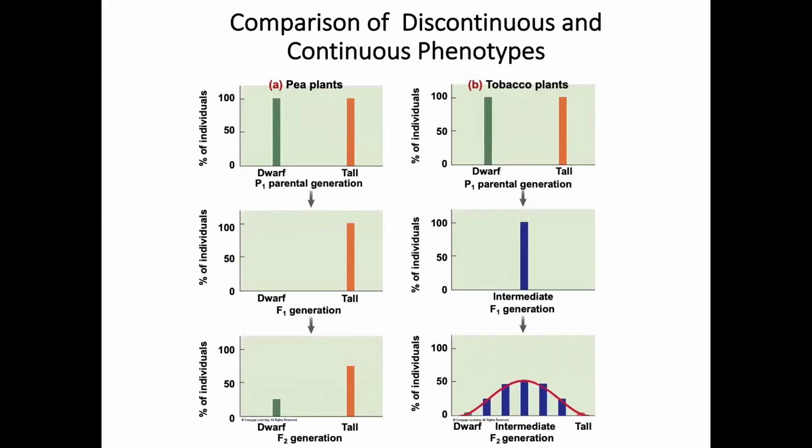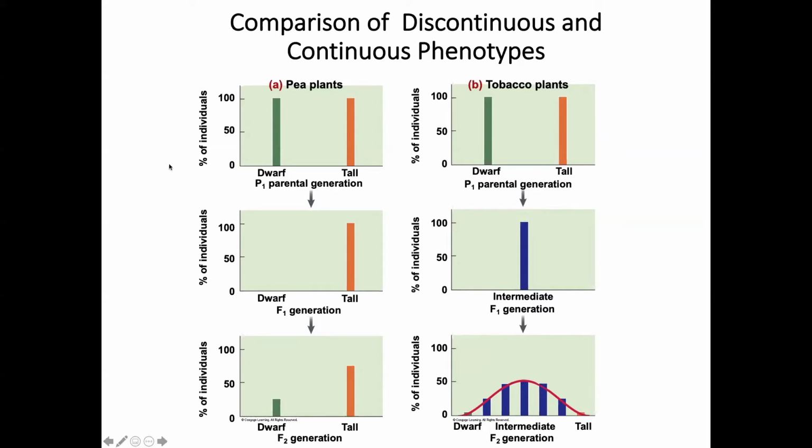This is a graph comparison of a trait such as height that shows discontinuous and continuous phenotypes in different plants. Shown in A, the histograms show the percentage of plants with different heights in a cross between tall and dwarf strains of the pea plant.